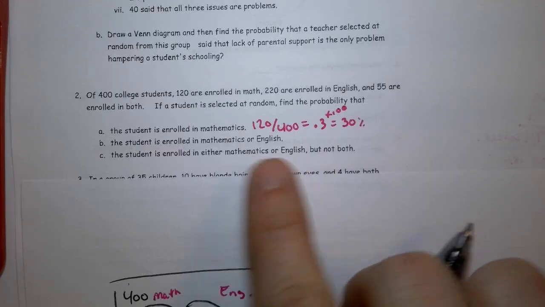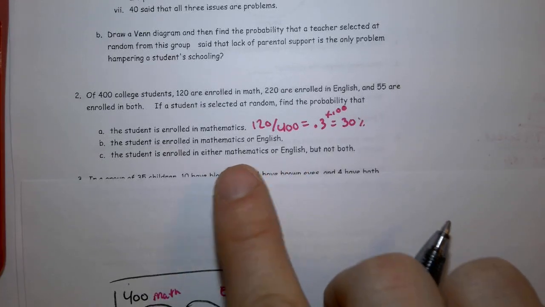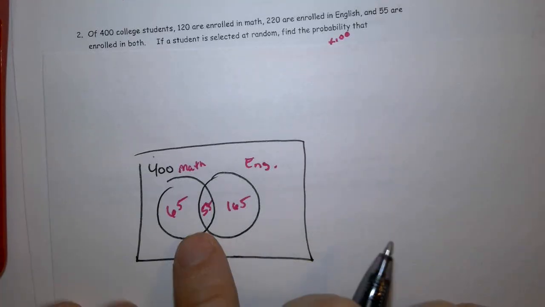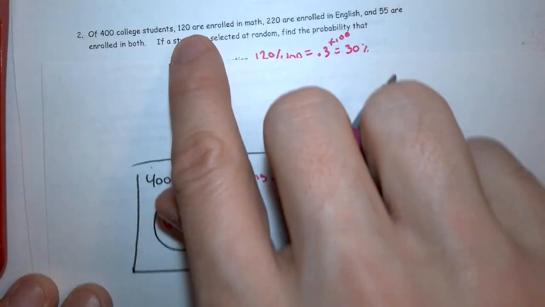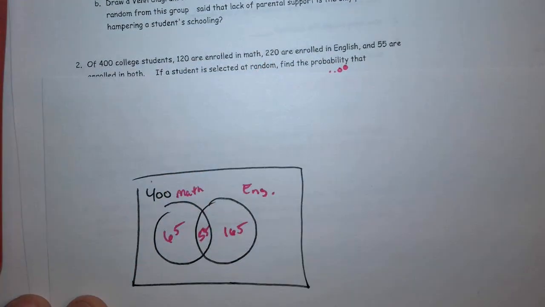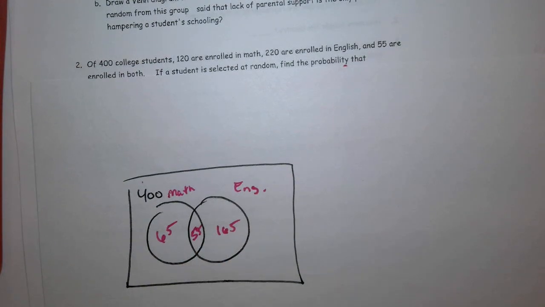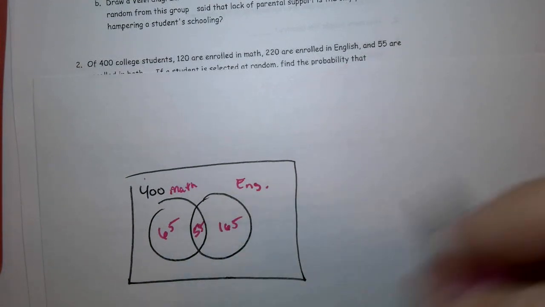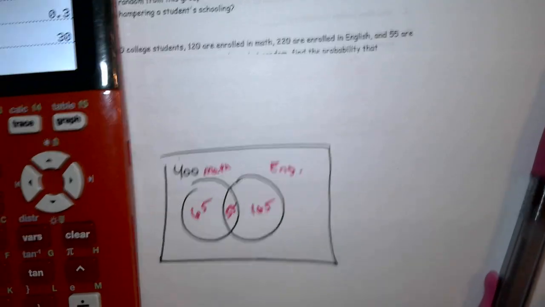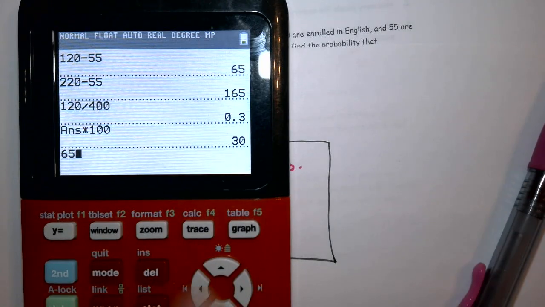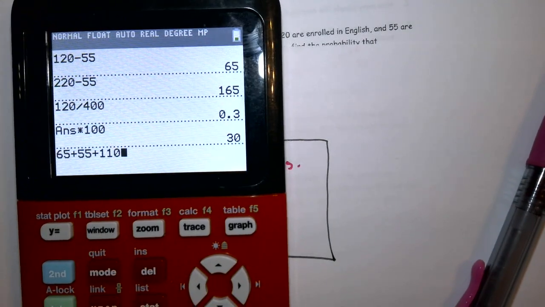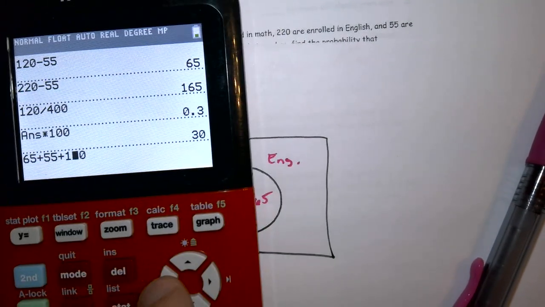The student is enrolled in math or English. How many total people are in math or English? We need to be careful because you can't add 120 and 220. You can only add these 3 bubbles, because that overlap means that you can't count them twice. So if we add these 3 together, 65 plus 55 plus, was it 110? Nope, it was 165.